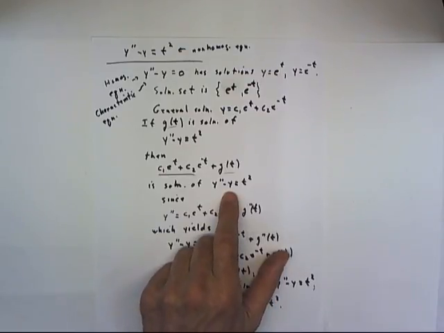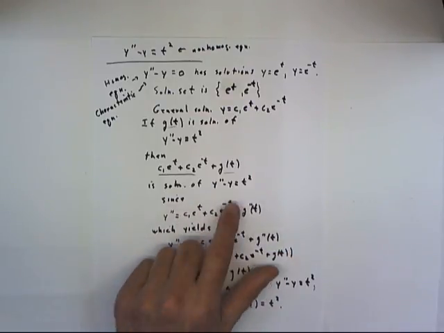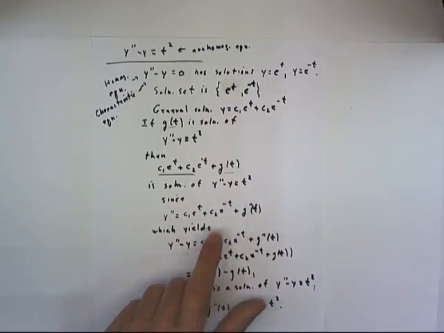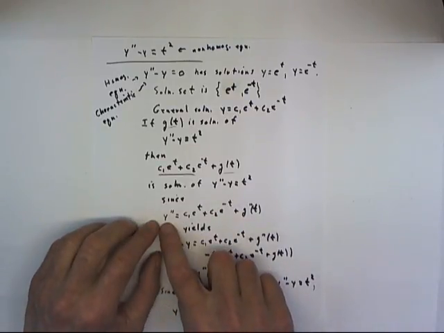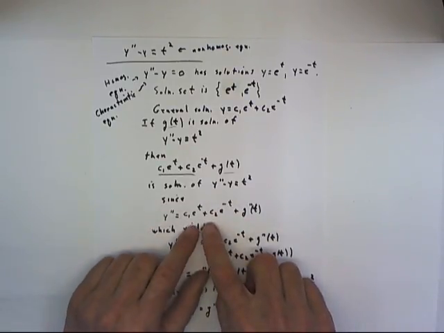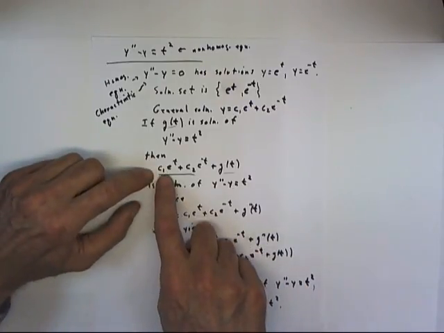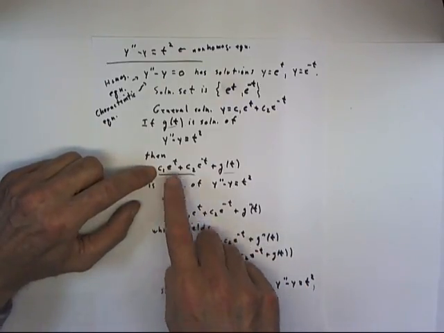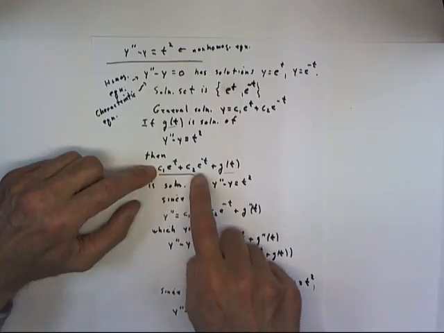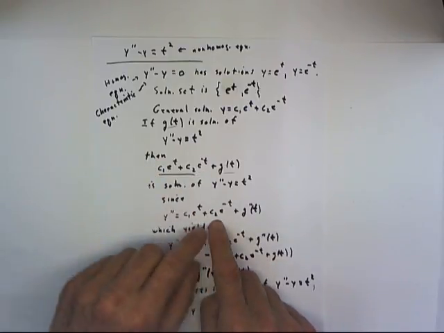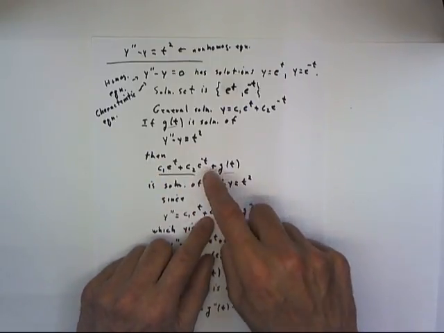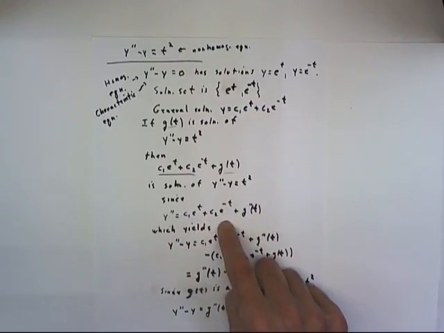Now why is that? You might have worked through the details of that in response to the preceding clip, but the reason is fairly simple. y double prime is going to equal the second derivative of this: c1 e to the t is just c1 e to the t, and the second derivative of c2 e to the negative t is c2 e to the negative t.